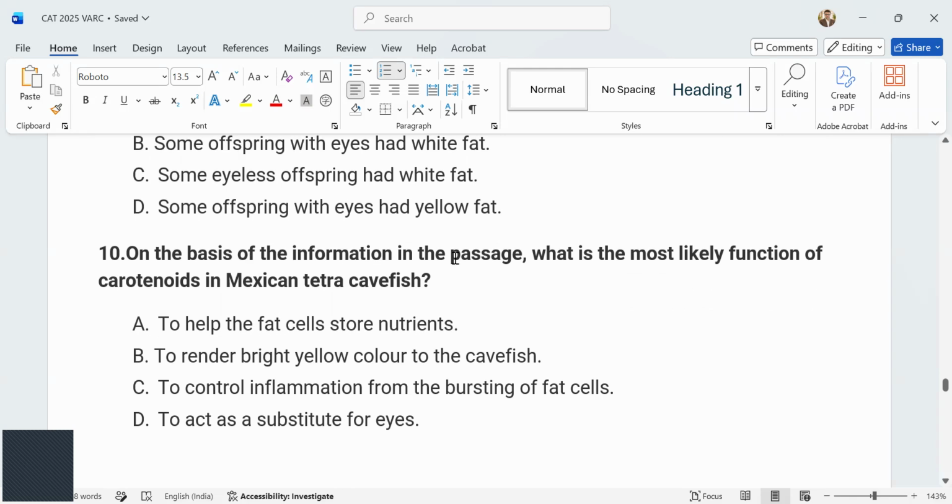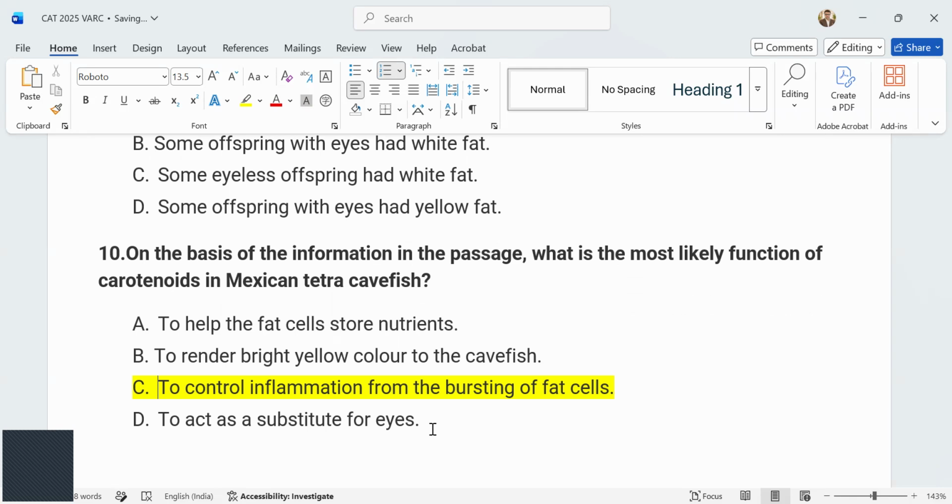On the basis of information in the passage, what is the most likely function of carotenoids in Mexican tetra? Now, this one, right? In the end, Riddle tried establishing a link with the anti-inflammatory properties of carotenoids.